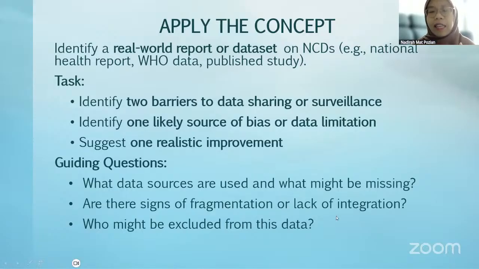Okay, so I think there's another 3 slides to go. As a good public health practitioner, or in any field, when we identify problems, we also need to come up with solutions.